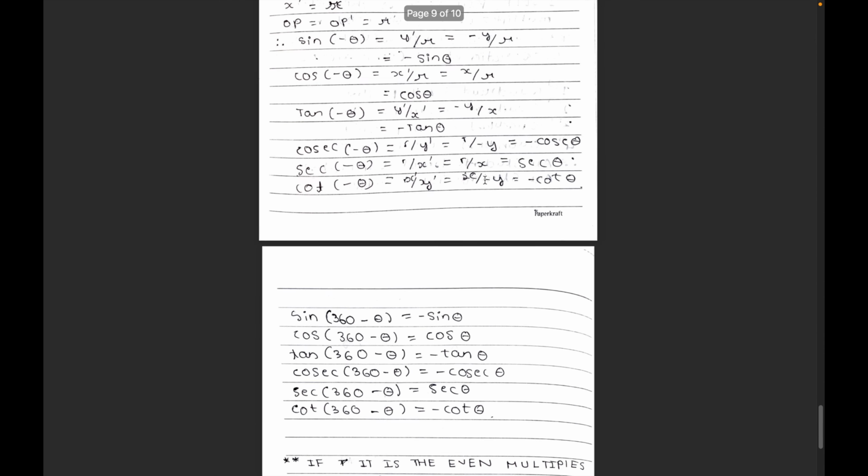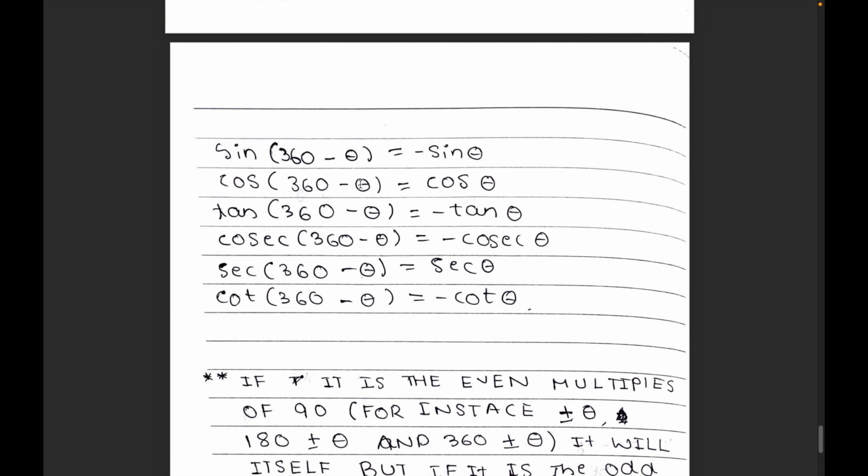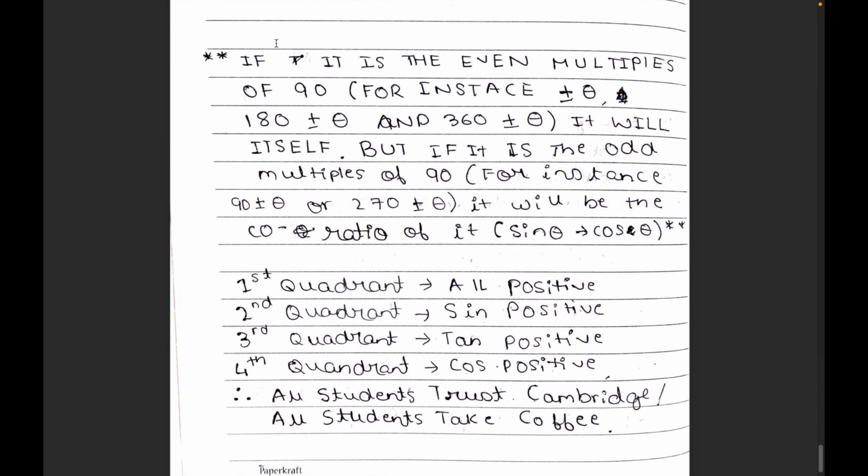Okay. So now that you've seen this, I will tell you a rule of thumb that you can use. If it is the even multiples of 90, for instance, 180 plus or minus alpha, and 360 plus or minus alpha, it will be the same ratio itself.